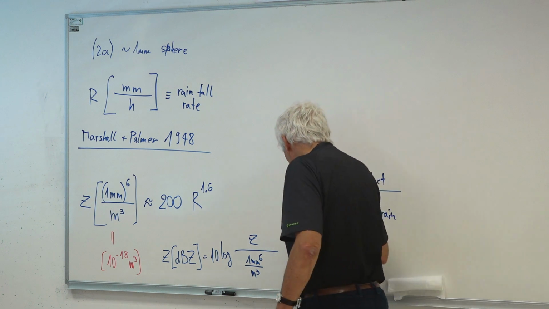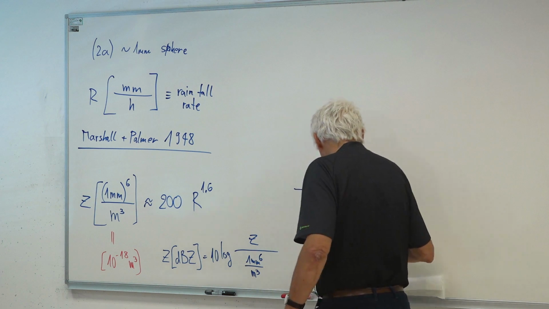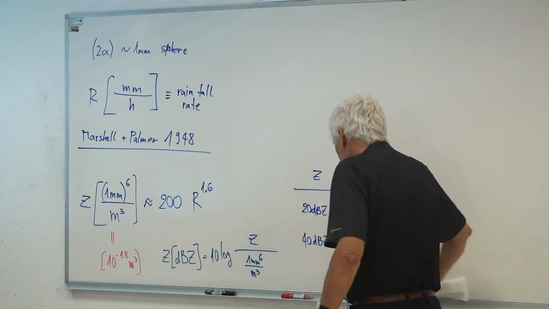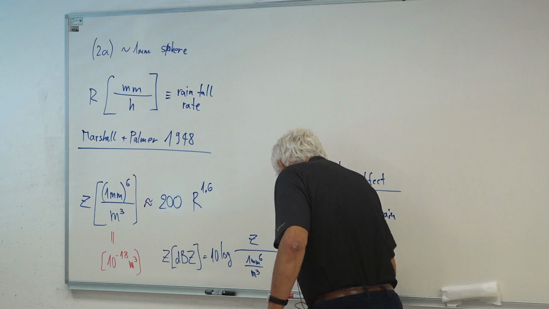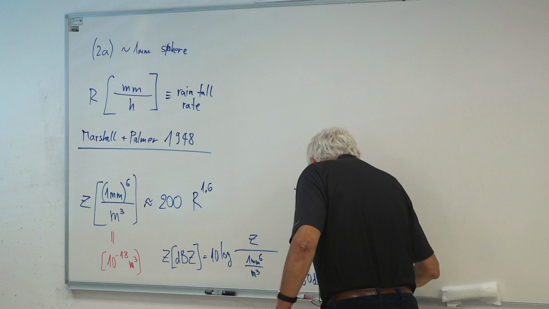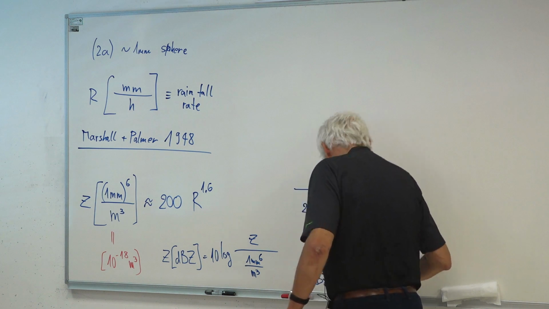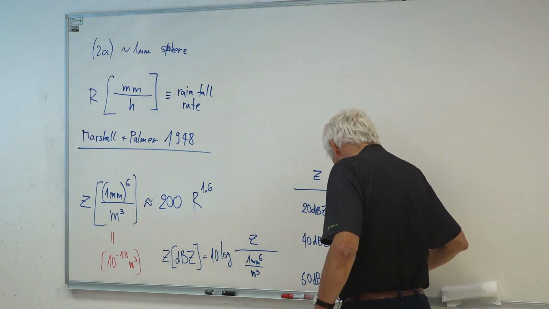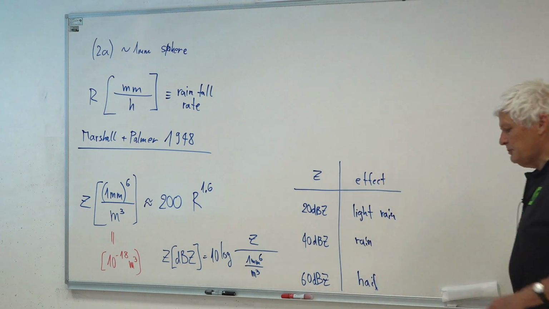If we have 40 dBZ, we have normal rain. If we have 60 dBZ, we have hail. So hail is the strongest precipitation.